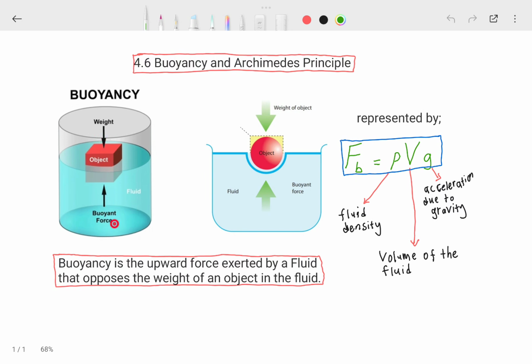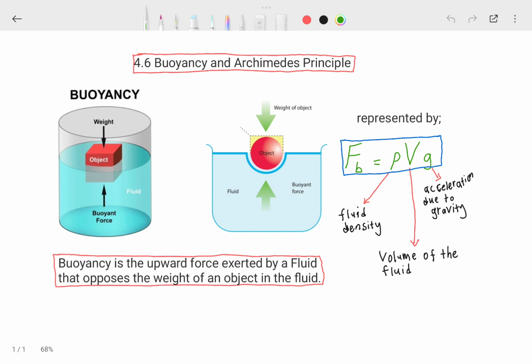Buoyant force exerts a force upward on the object inside the water. Thus, buoyancy is the upward force exerted by a fluid that opposes the weight of an object in the fluid.